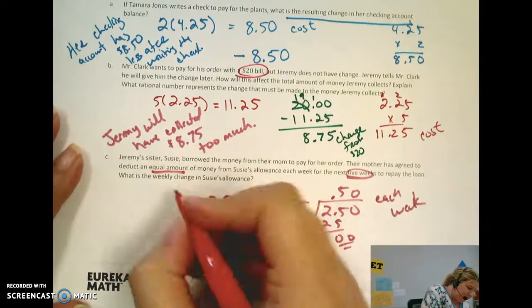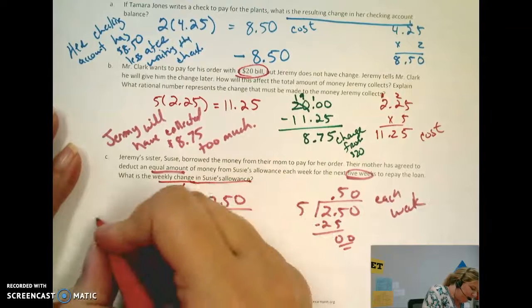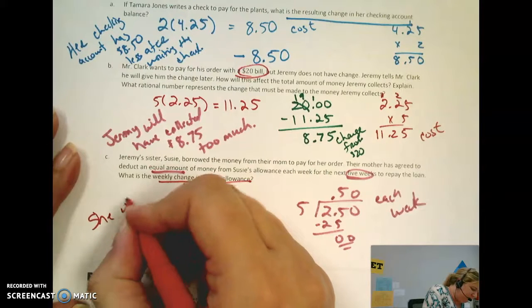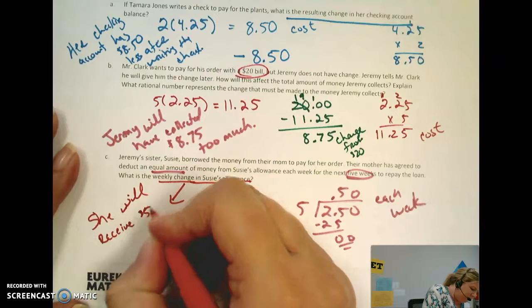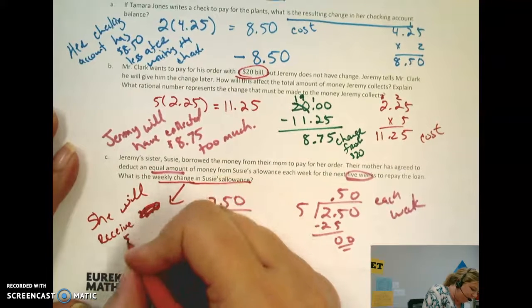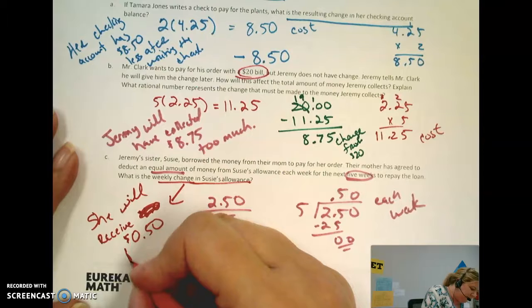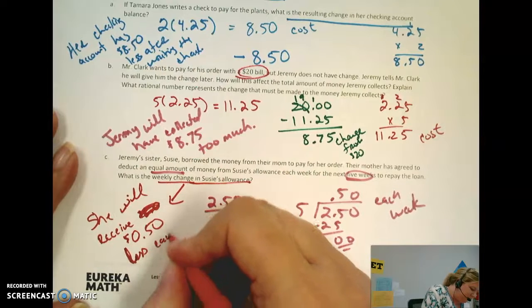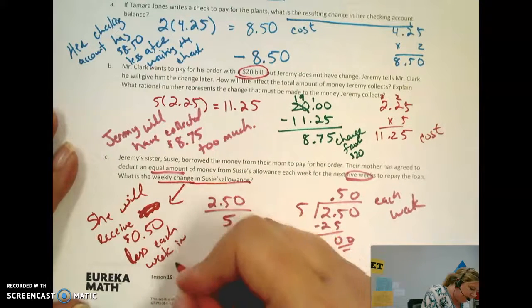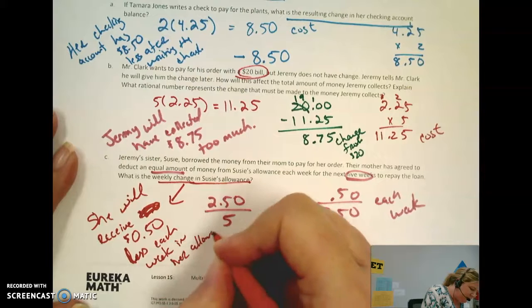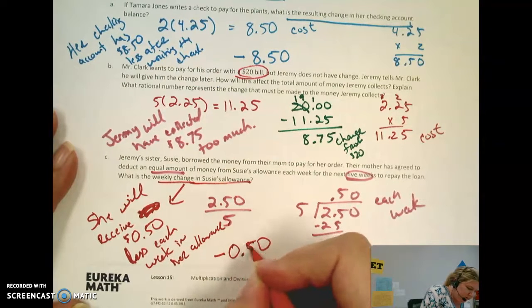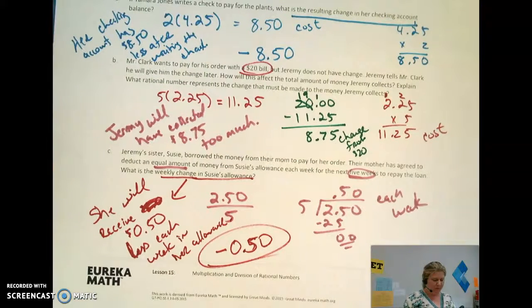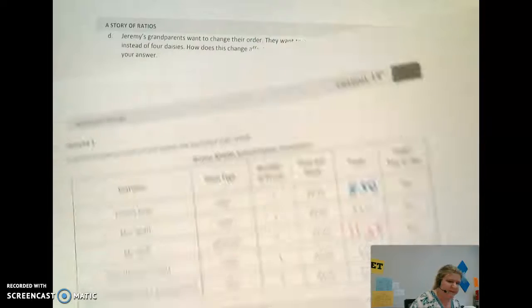So the change in her allowance, she will receive 50 cents less each week in her allowance. So that would be negative 50 cents.